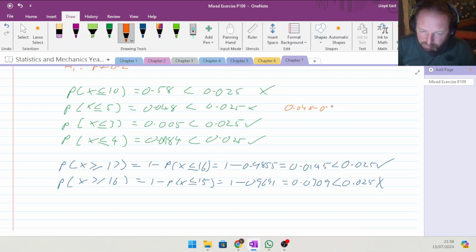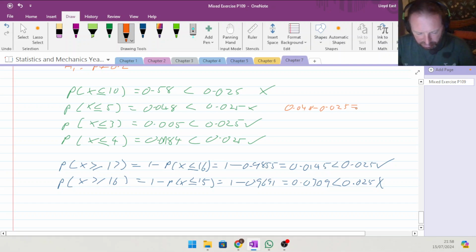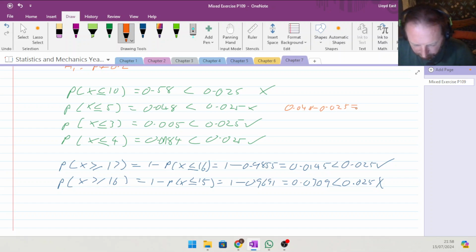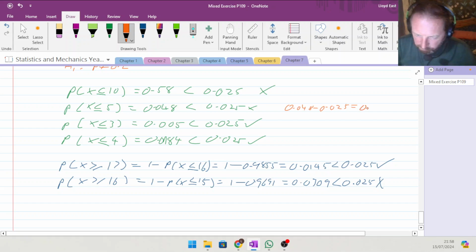Take away 0.025, the difference there is 0.023.